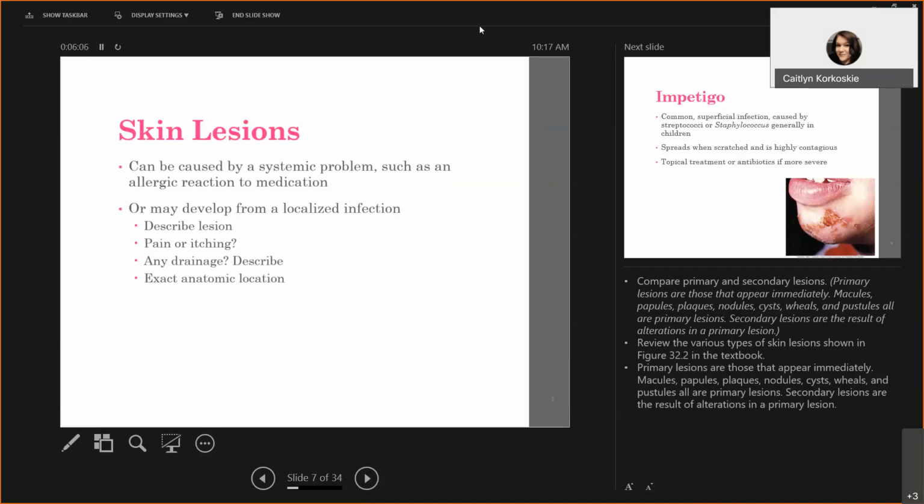Sorry, you guys, I was looking at my camera and I saw something moving and there was a giant beetle on my camera. Sorry.